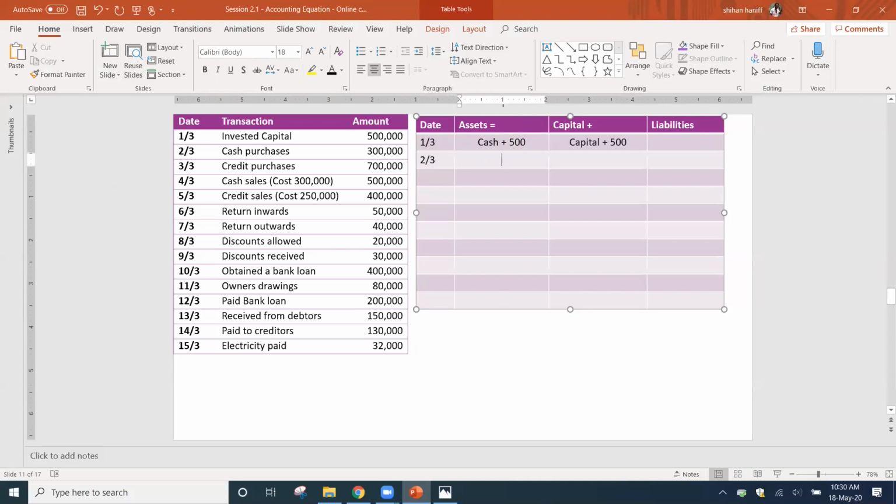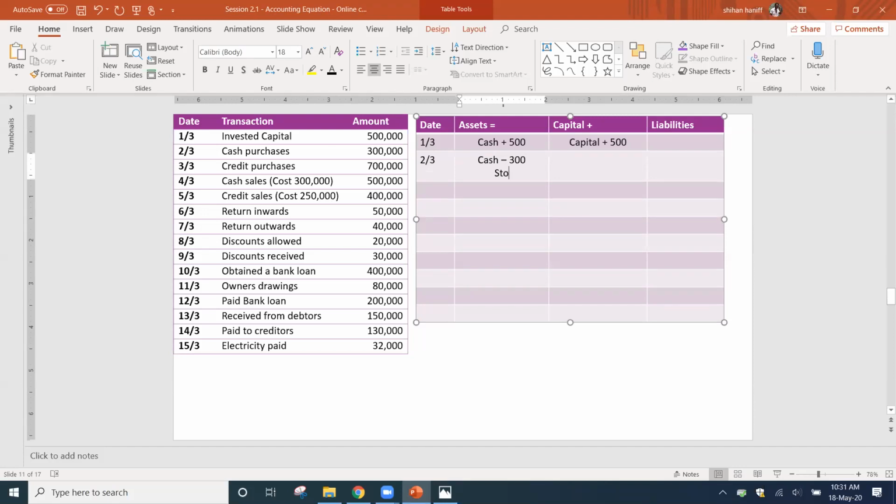Second March, cash purchases, cash minus 300, and we will get stock 300.